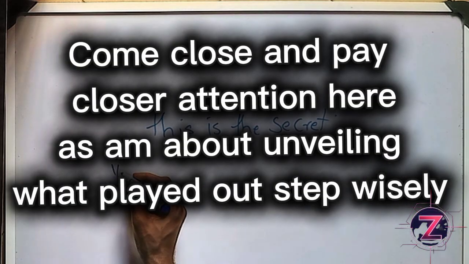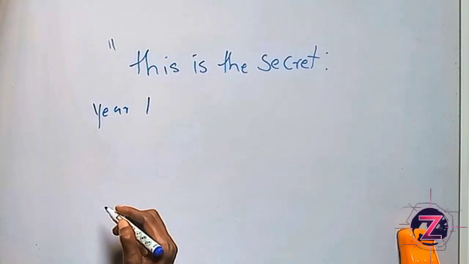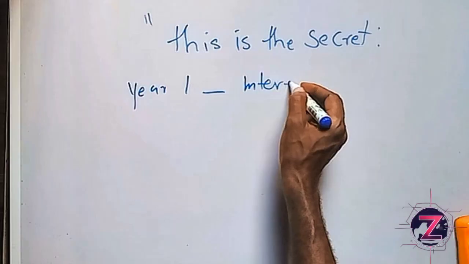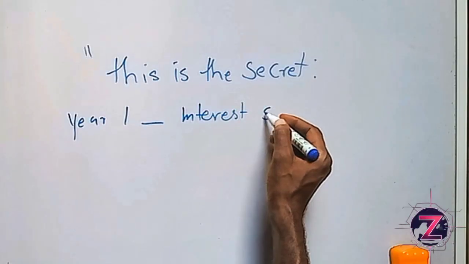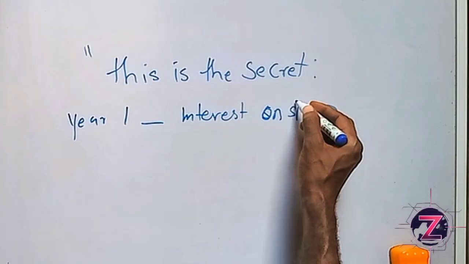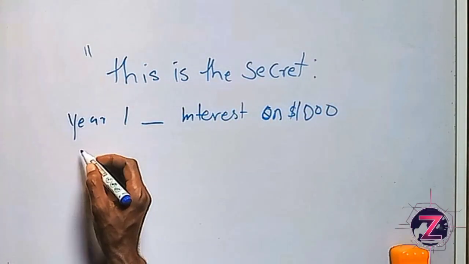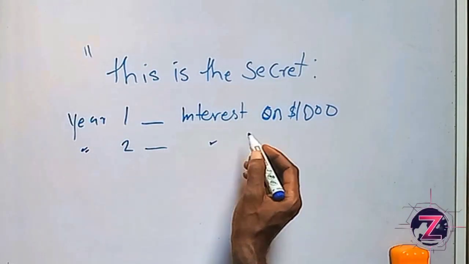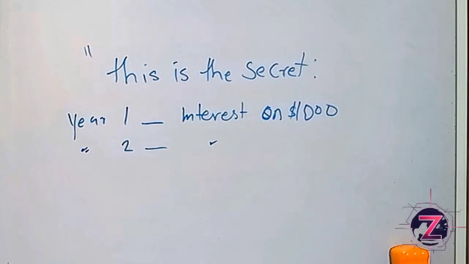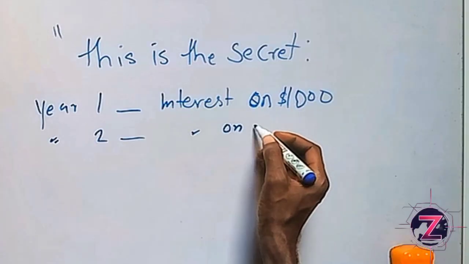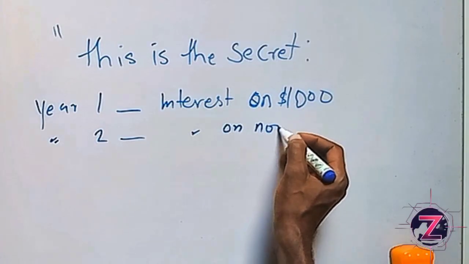In year 1, you earn interest on $1,000. In year 2, your interest is earned on more than $1,000.